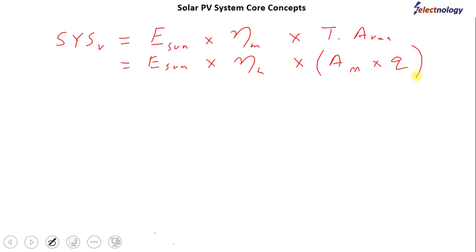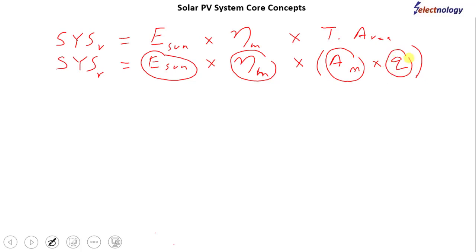All right, once again, this is system rating in kilowatts. E sun is the energy of the sun being received. We discussed 1000 watt per meter square. Efficiency is the efficiency specified by the manufacturer for one PV module, into area of one PV module, into quantity of PV modules.